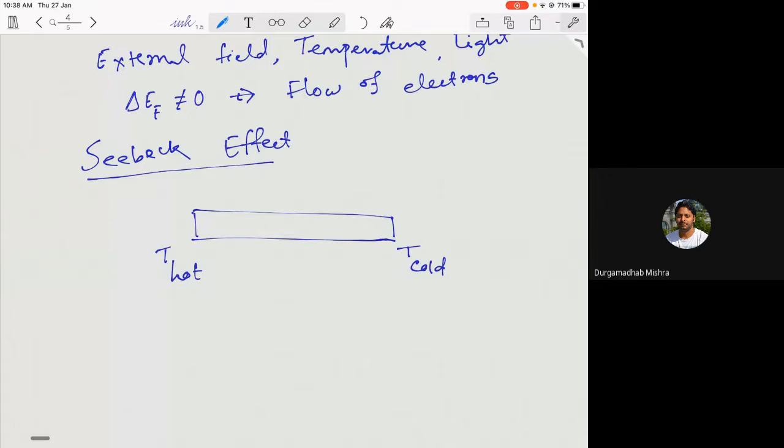This delta T, the temperature difference, will lead to a mismatch in the Fermi level. So this makes delta EF not equal to 0 in the same material.